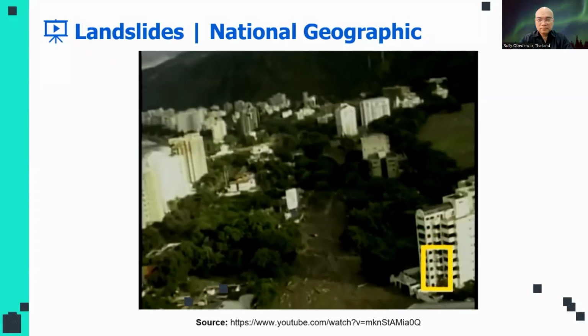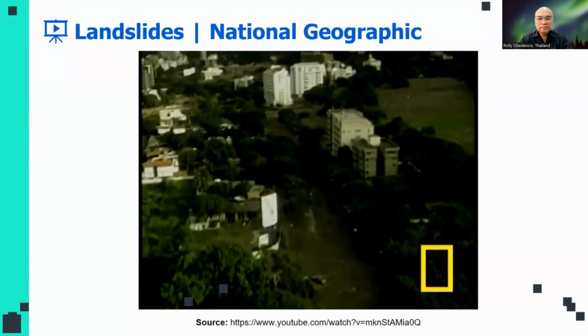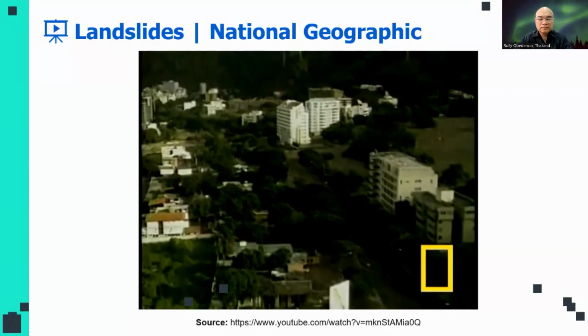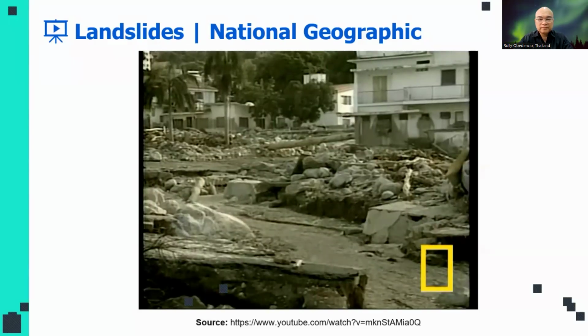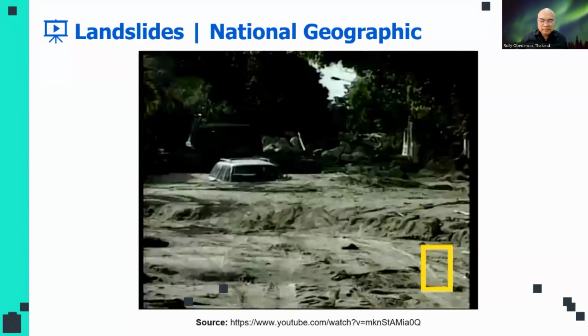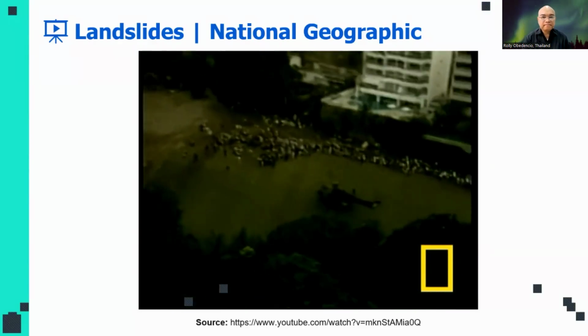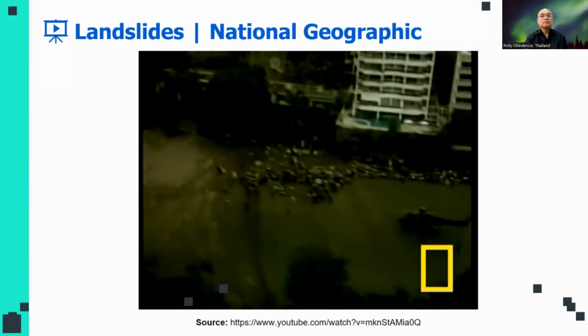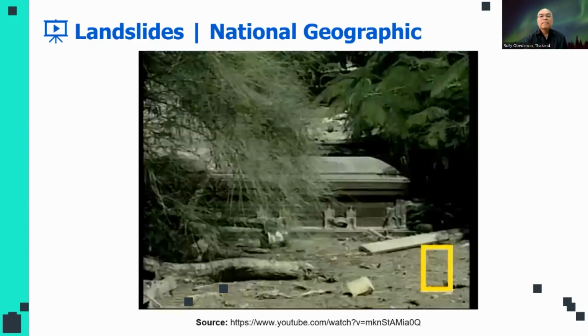The following year in Venezuela, torrential rains triggered widespread landslides across a 25-mile-wide strip of coastline in the state of Vargas. Communities were buried under waves of mud and debris. It's estimated that 30,000 people were killed, around 10% of the area's population.